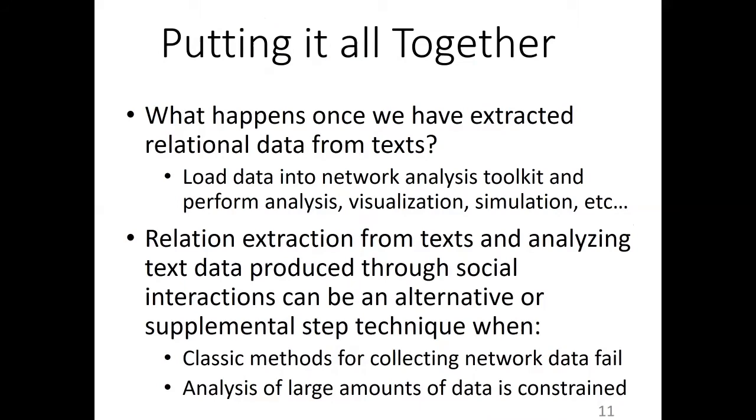So to summarize what we have seen so far, extracting information from text data can help you to answer various questions that are common in the social sciences and the digital humanities.